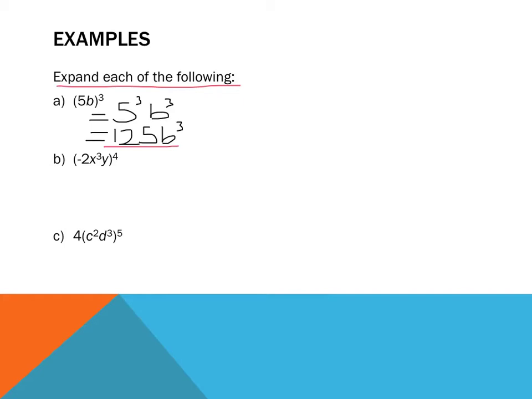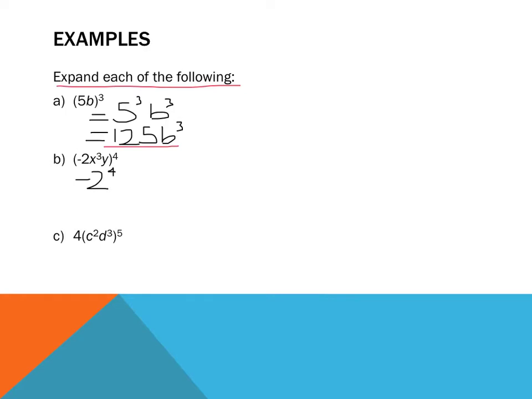Okay, let's look at this next one. Negative 2x to the power of 3y, all of that inside the brackets to the power of 4. Guys, these look complicated. They're actually really quite easy. Do them one at a time. So, negative 2 to the power of 4, that's the first thing.